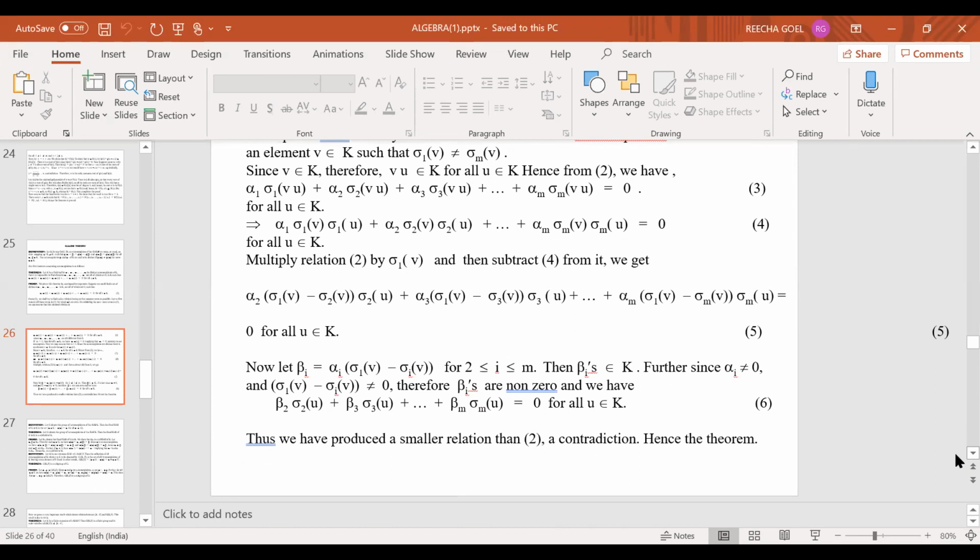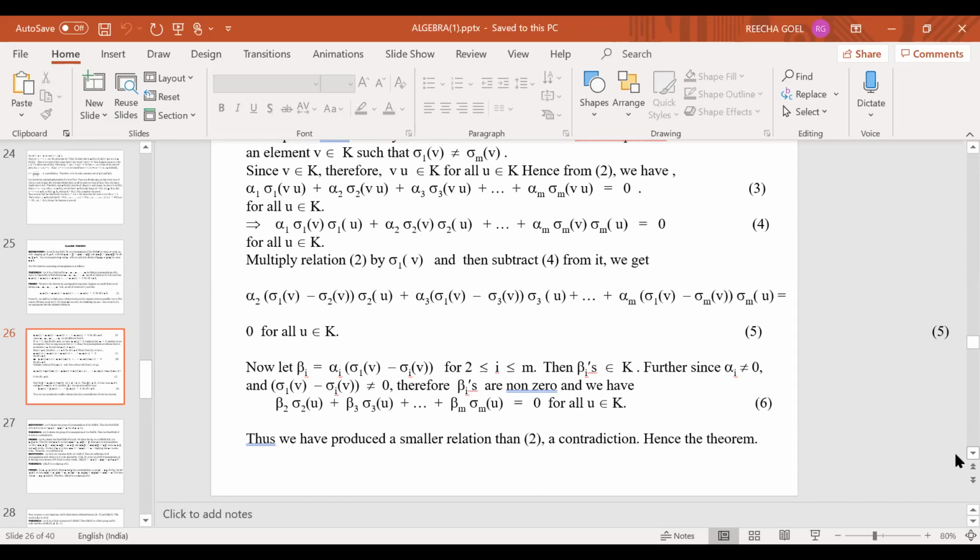Now, if you compare this expression 6 with expression 2, expression 6 contains one term less than expression 2. And because expression 2 was the minimal expression, that is, you cannot further shorten it, this gives you a contradiction.